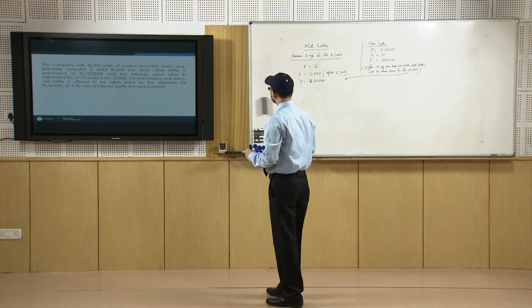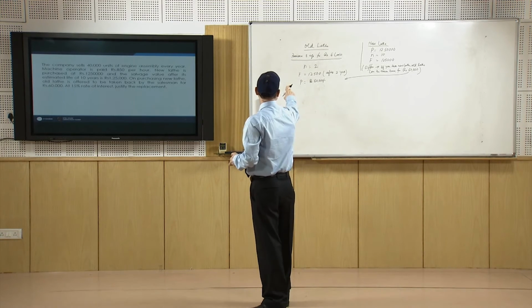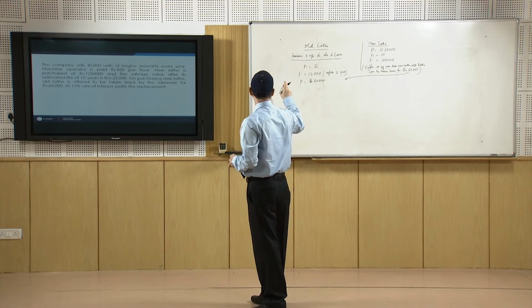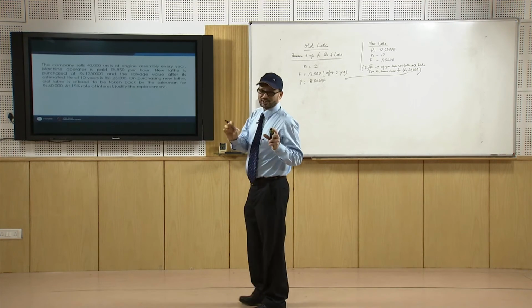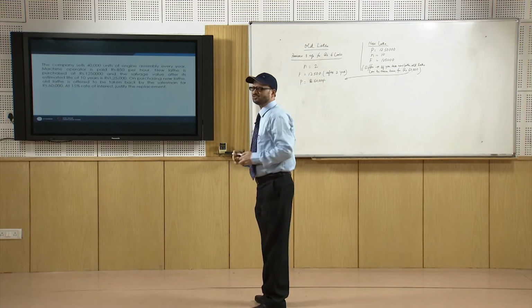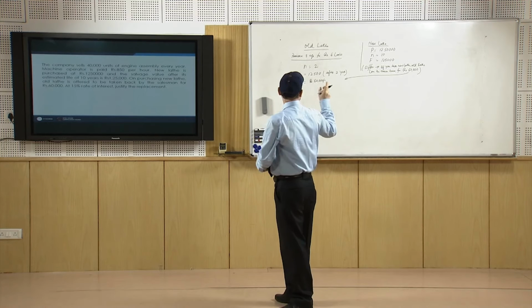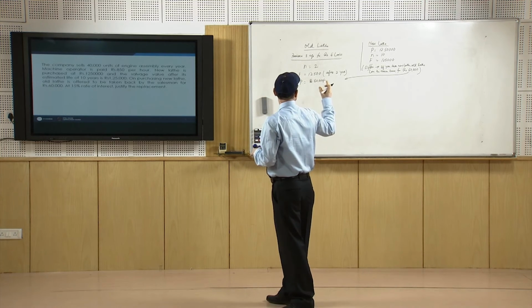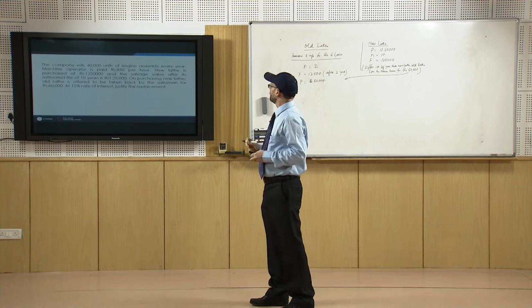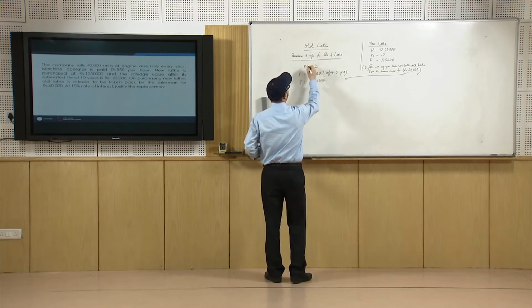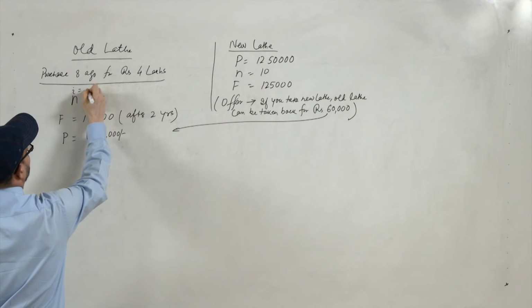So, now what we see is you have P as 60,000, F as 12,500, N as 2 for the old machine, and P as 12,50,000, F as 1,25,000, and N as 10 years for the new machine. I is taken as 15% in both the cases.